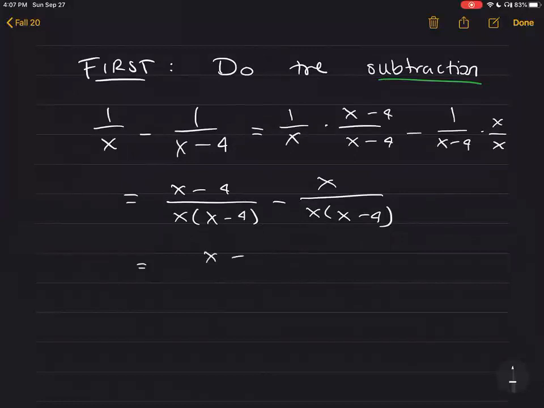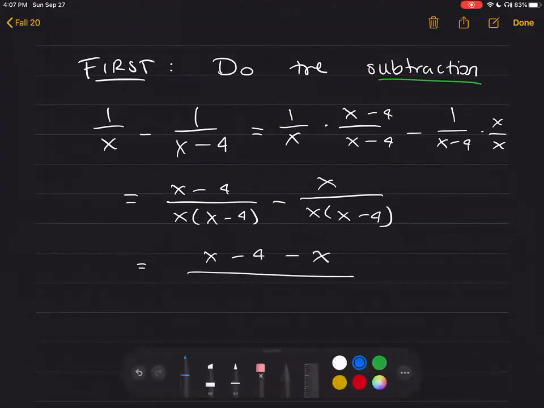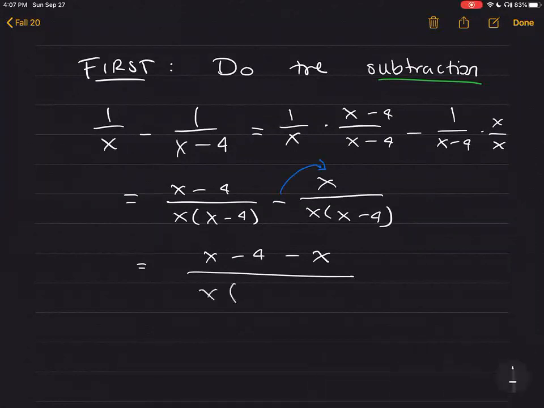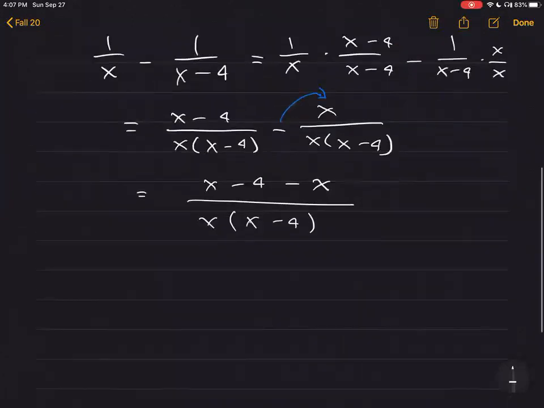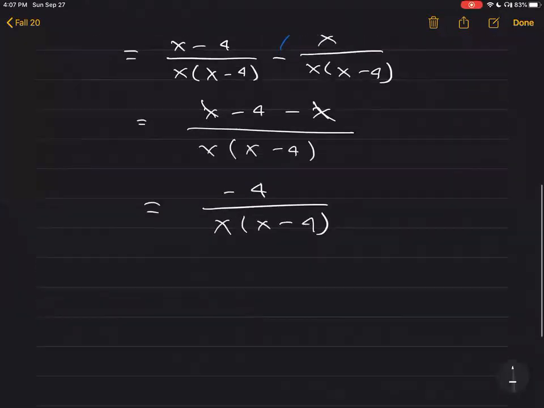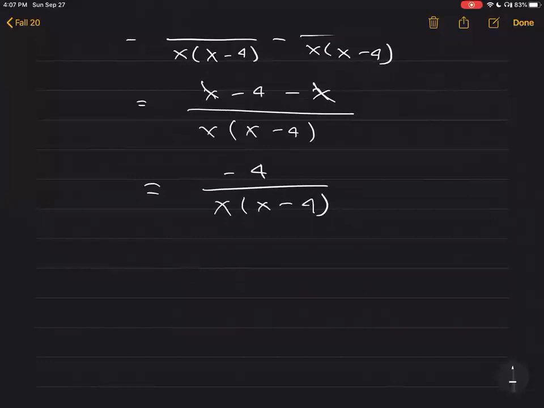So we get x minus 4 minus x, because this minus sign distributes right up to there. And then we get x minus 4. And then if we simplify, these x's cancel out, and we get minus 4 over x minus 4. Cool.